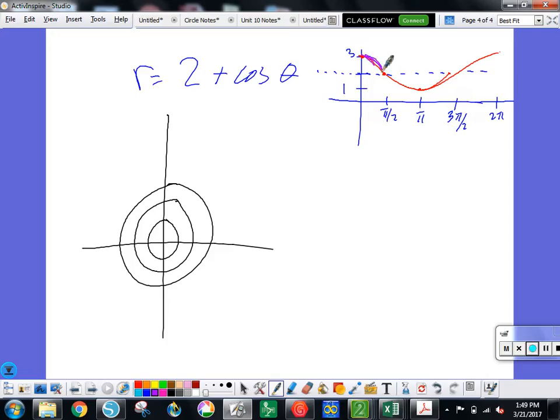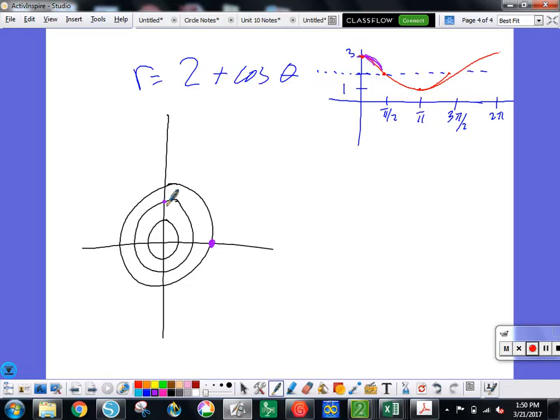Notice which was 0 to pi halves. At 0, where am I located? What's my radius? 3. When I get to pi halves, what's my radius? 2. So therefore, I am here. Notice I've gone in on my radius.